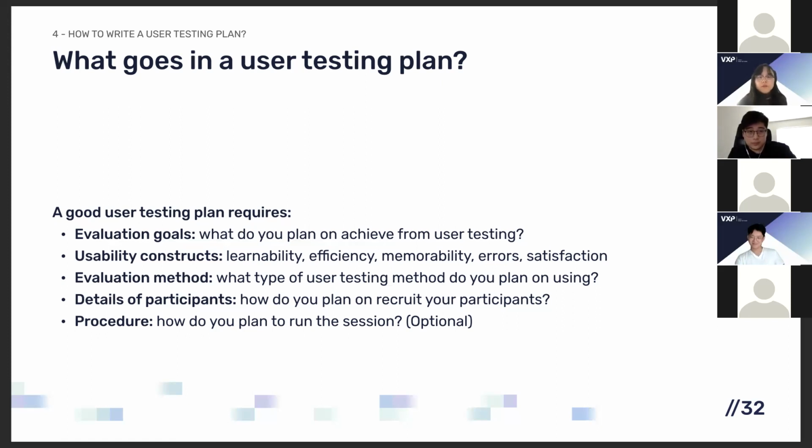Which of these constructs is most important to you at this current stage of design? For example, if you have designed an onboarding experience for a product, then maybe learnability, and also memorability, is something you might be looking for.